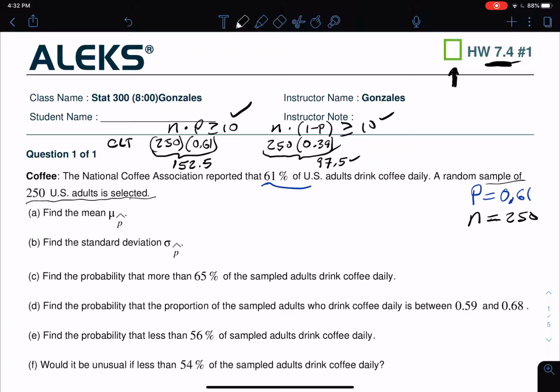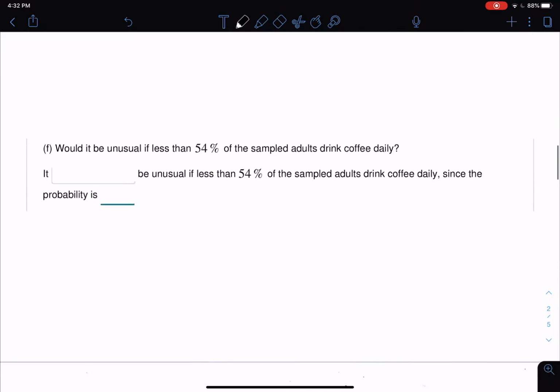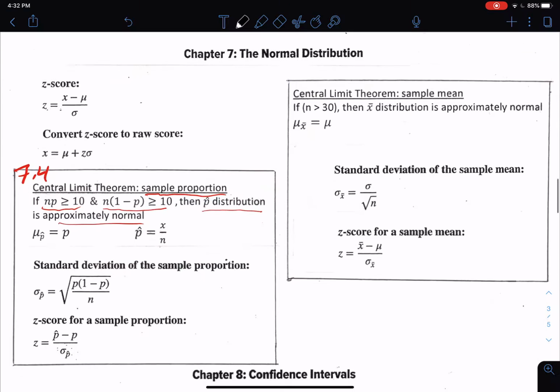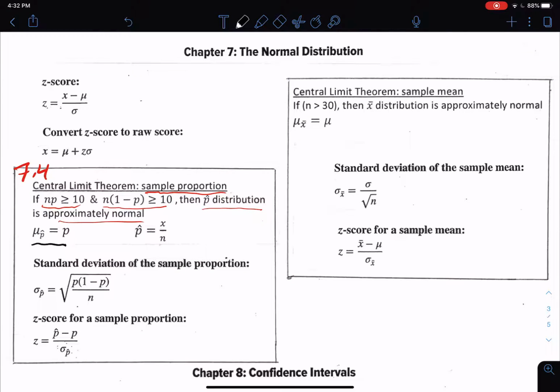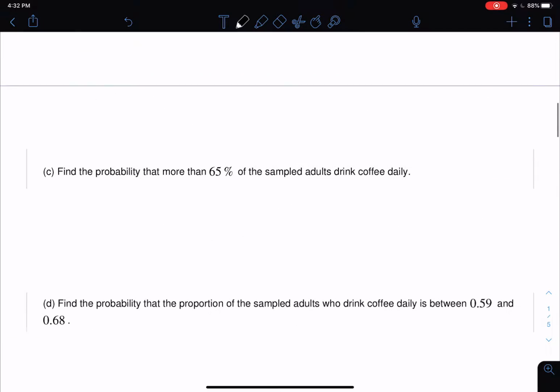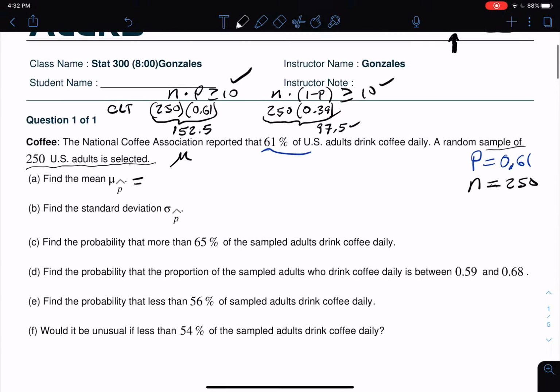So how are we going to find this right here? Well, in our central limit theorem, let's just go down there and look real quick. The mean of the p hats, or the mean of the sample proportions, is just equal to the population proportion. Oh, well, we're given that. So we can just work our way back up here.